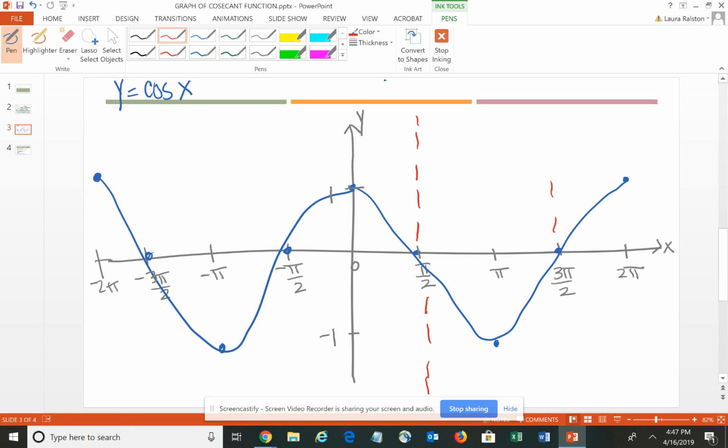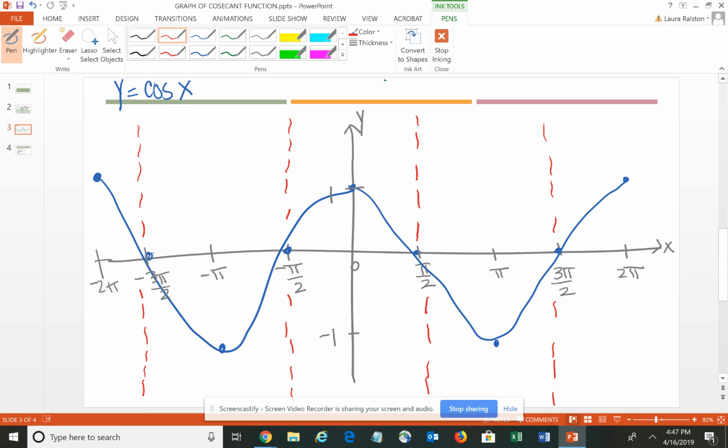It's going to be at 3 pi halves. So we have odd multiples of pi halves. At negative pi halves and at -3 pi halves, you have those vertical asymptotes because the function is undefined. The secant is undefined at those points.